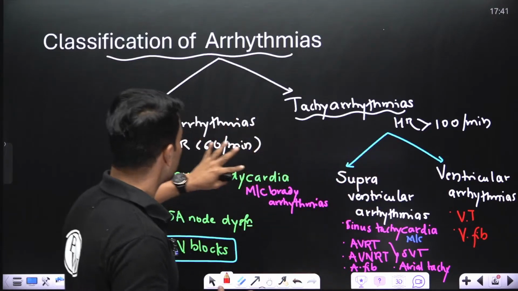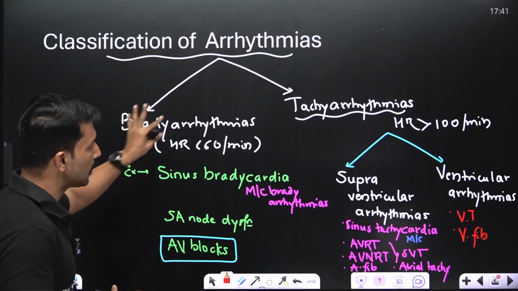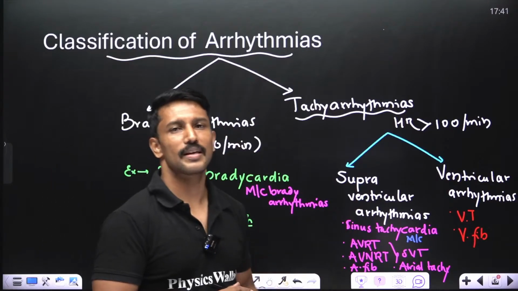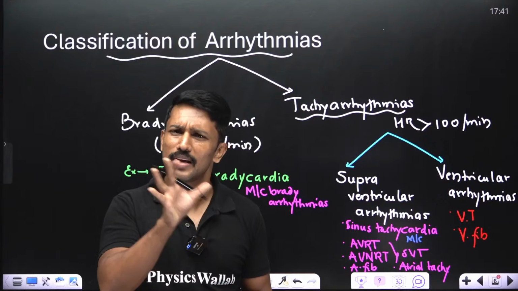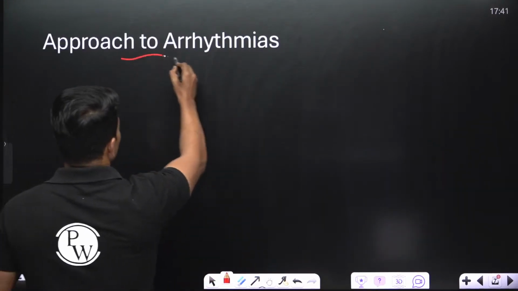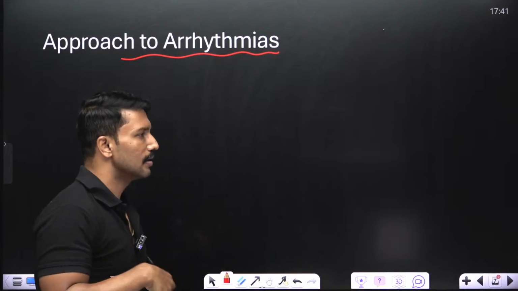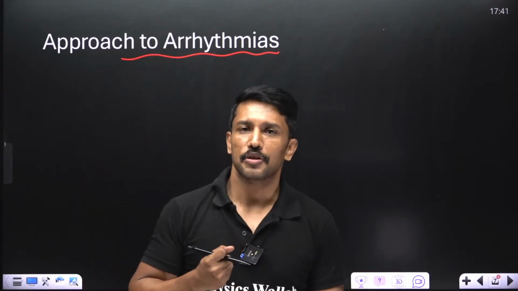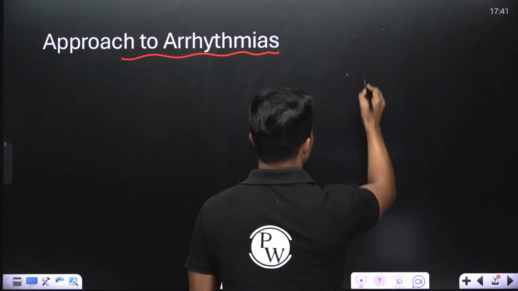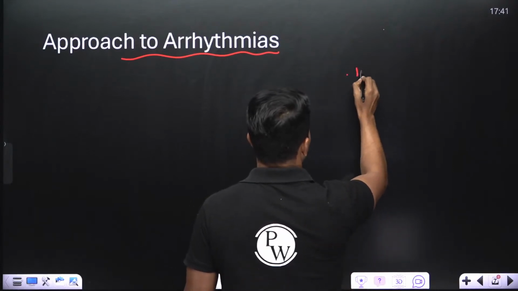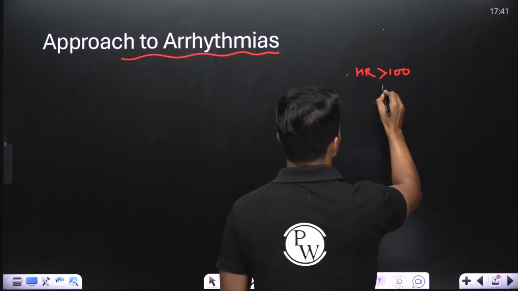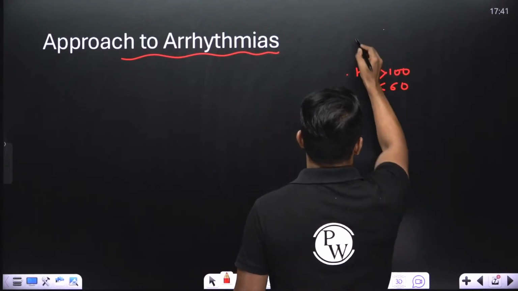So today, what we have understood is that we have bradyarrhythmias and we have tachyarrhythmias. We should be able to recognize all of them on the ECG. So I'll give you a basic approach today, and then tomorrow we will discuss individual arrhythmias. So if I have to suspect arrhythmia in a patient, when can I suspect? Number one, when heart rate is more than 100 or less than 60.